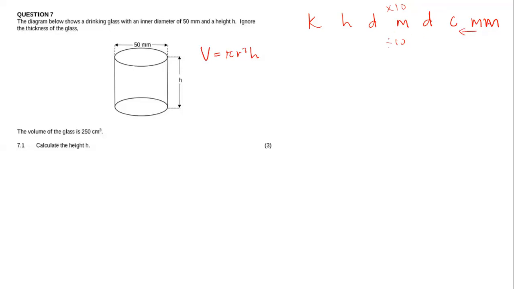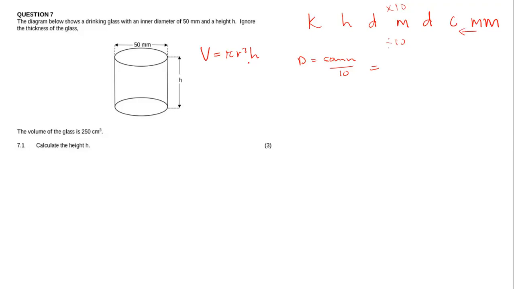So we have to convert from millimeters to centimeters. That means it's to the power of 1, so it's 10, and we're going to divide by 10. We have our diameter, which is given to be 50 millimeters. 50 divided by 10 is going to be how much? 5.